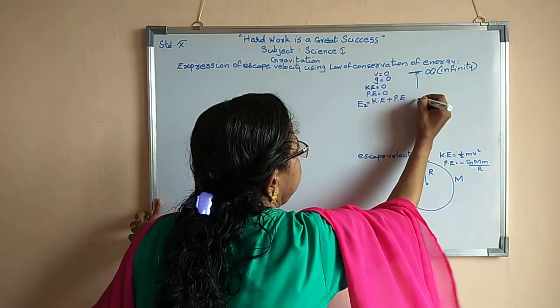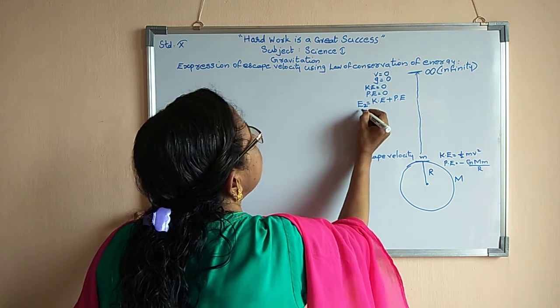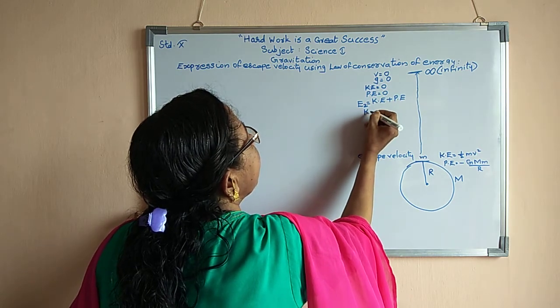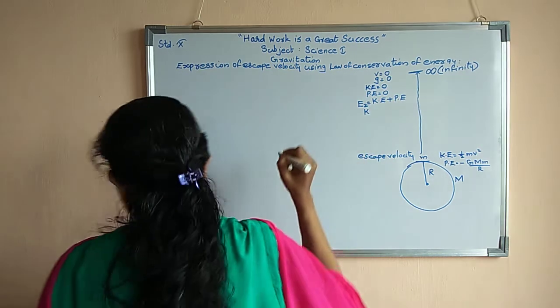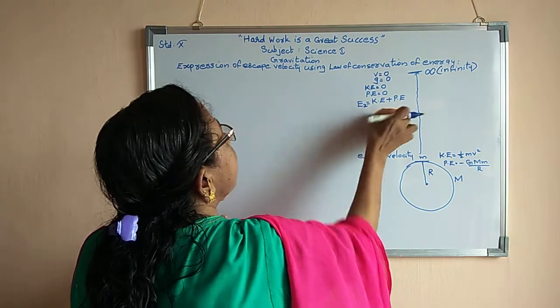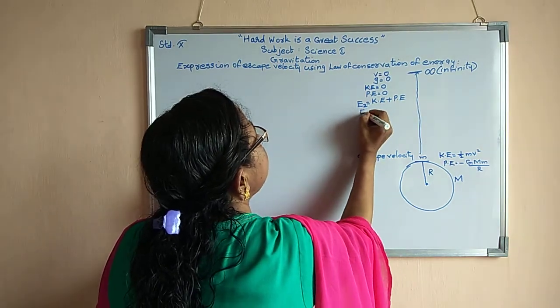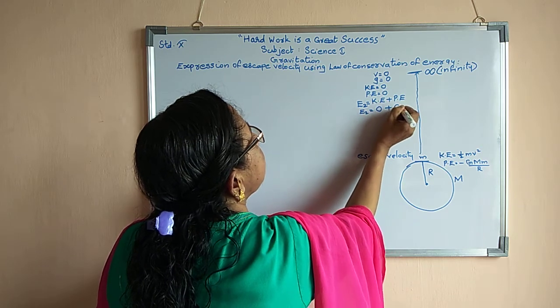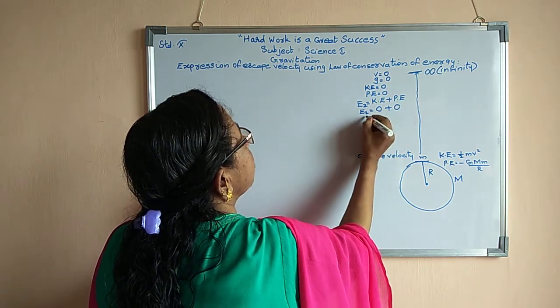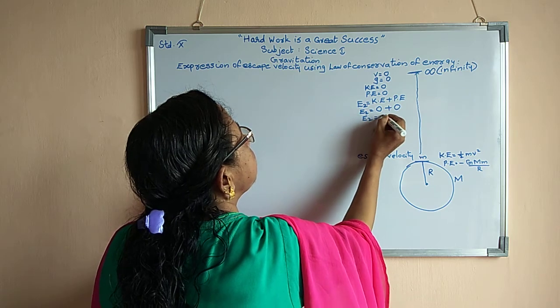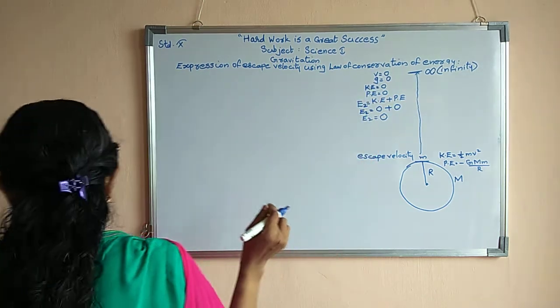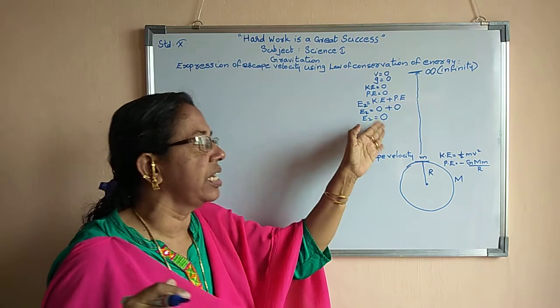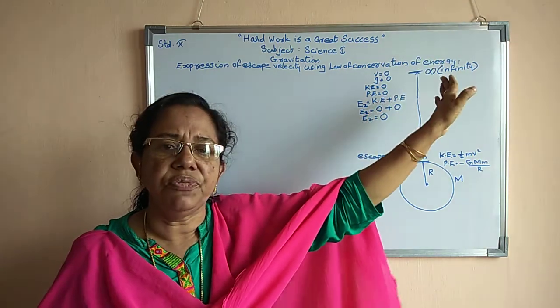Now again I am writing: here Ke is equal to how much? 0. Ke is equal to 0. That means E2 is equal to 0 plus 0, that is 0. So we can say that the total energy possessed by the body when it is at infinity will be equal to 0.